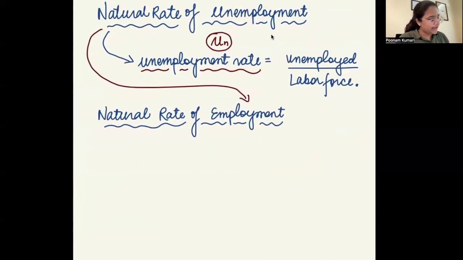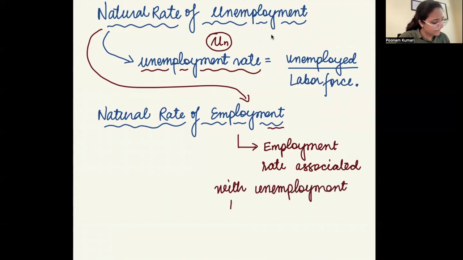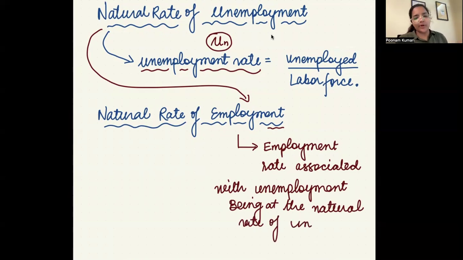How do I calculate the associated employment rate? When unemployment is at the natural rate of unemployment, the employment in the economy at that unemployment rate can be termed the natural rate of employment.